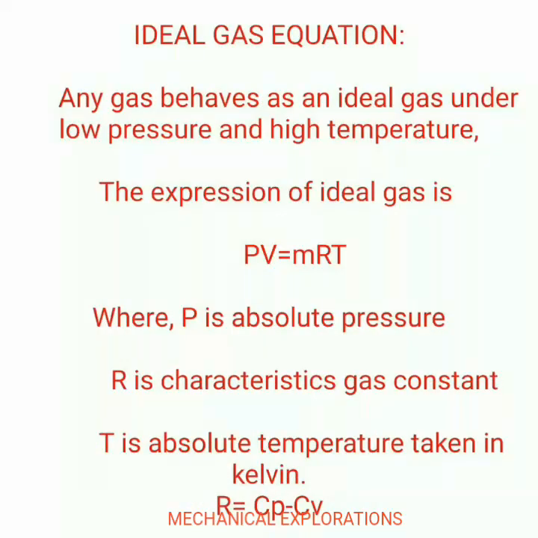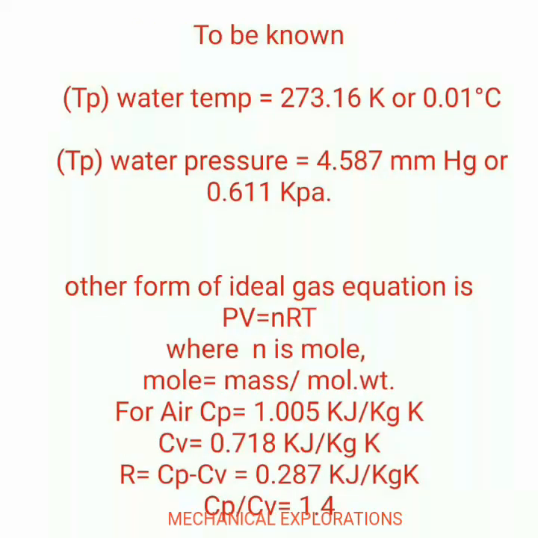Now coming to the ideal gas equation. Any gas that behaves ideally, under low pressure and high temperature, is known as an ideal gas. PV = mRT, where P is pressure, V is volume, R is the gas constant and T is absolute temperature. The water temperature at the triple point should be 273.16 K or 0.01 degrees Celsius.